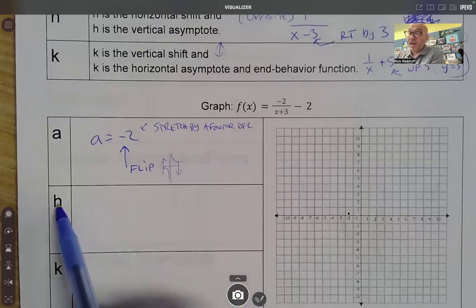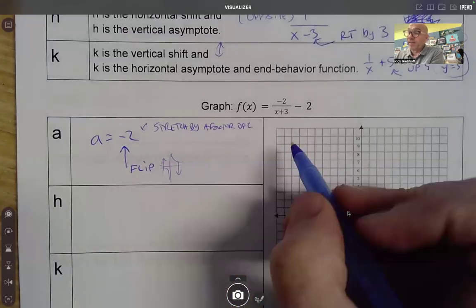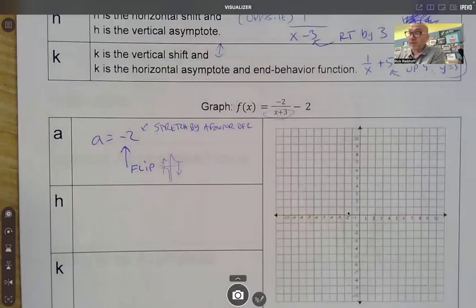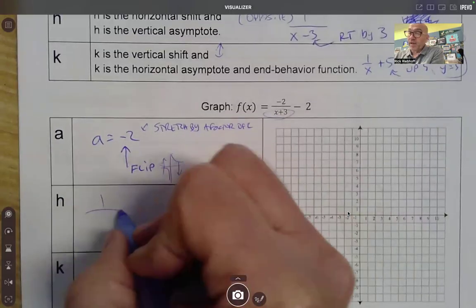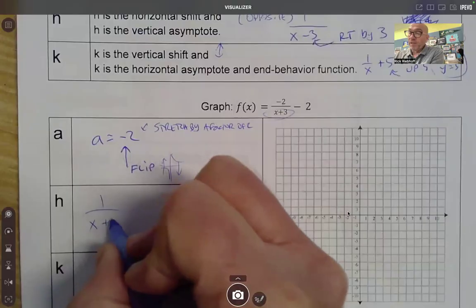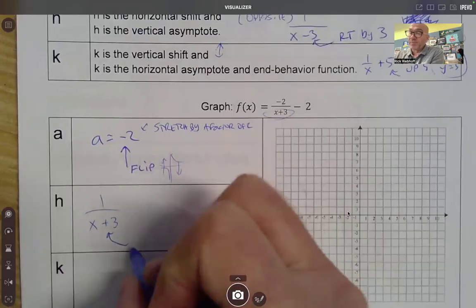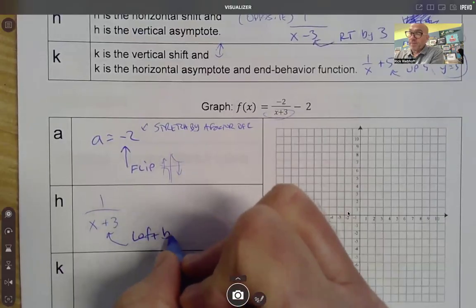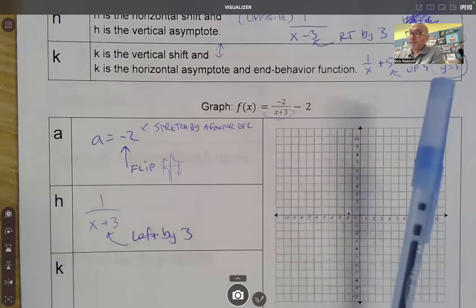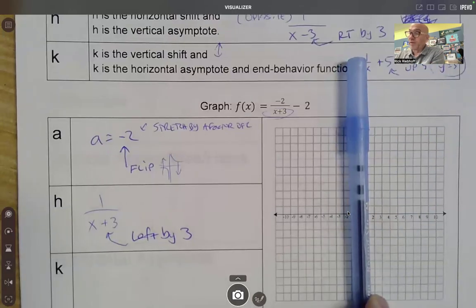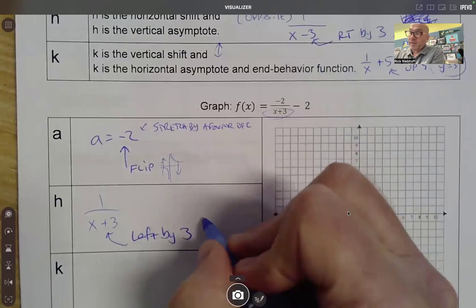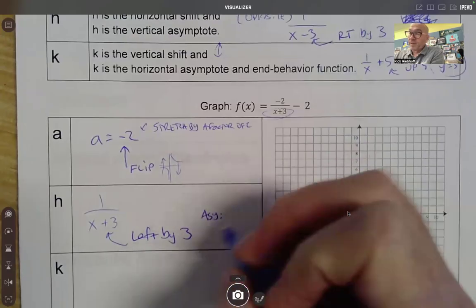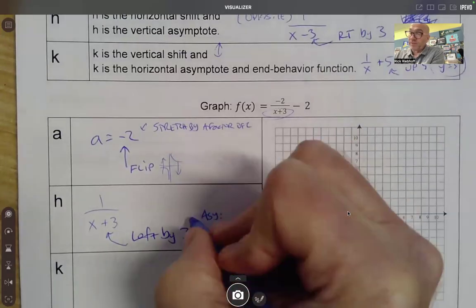All right, let's get our h and our k. My h is whatever makes this 0, right? So I'm looking at x plus 3 on the bottom. That means this is moving left by 3, which means the asymptote is going to go that way, right? So this is my vertical asymptote.